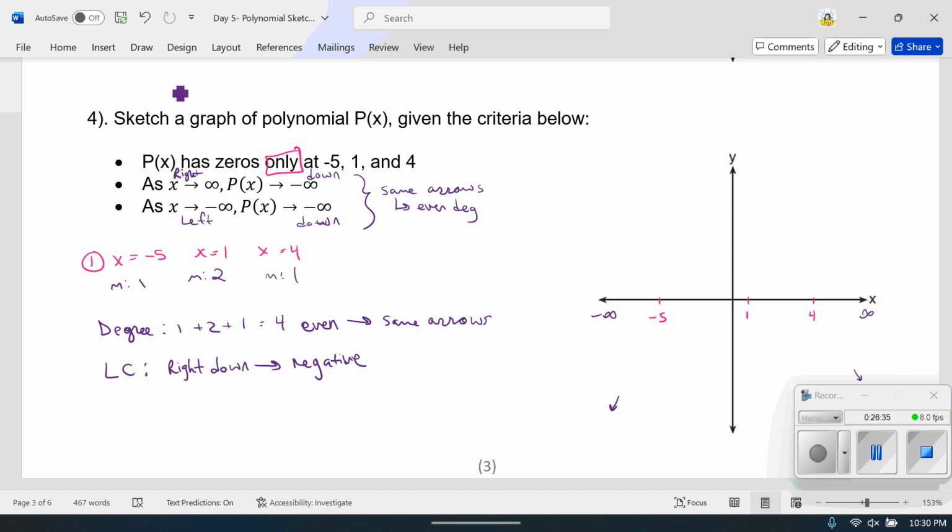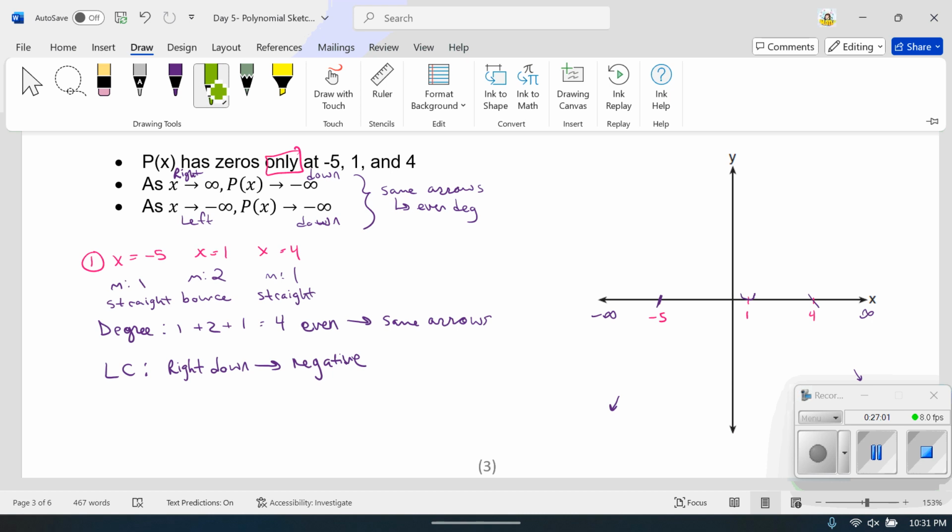So what's happening here is I'm going straight, bounce, straight. So I'm going to go up. I'm going to come from the bottom, go up through -5, bounce at 1, and go straight through 4.